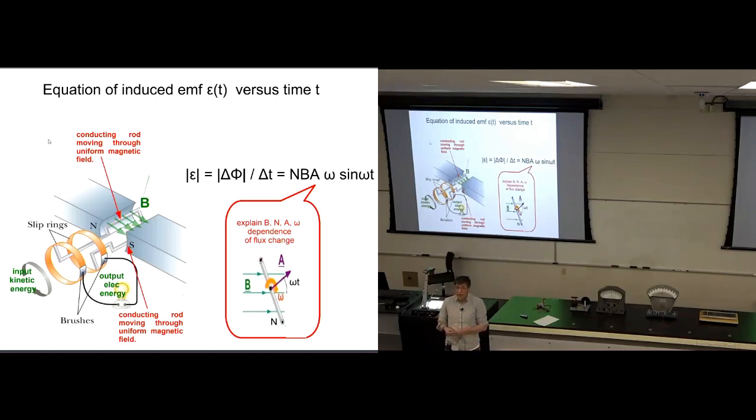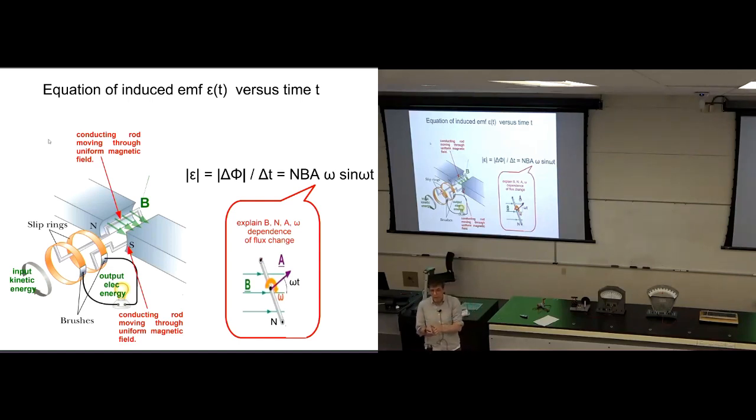So A, uppercase A, is the cross-sectional area of the loop of wire. The bigger the cross-sectional area, the more field lines you'll capture in your loop, and the faster the rate of flux change as you rotate the loop.